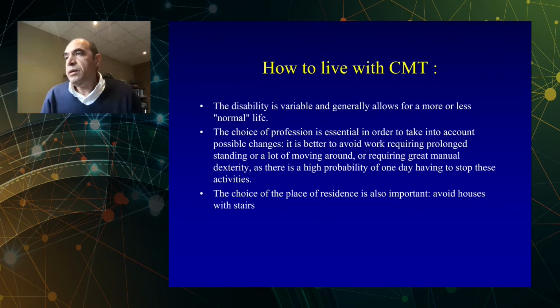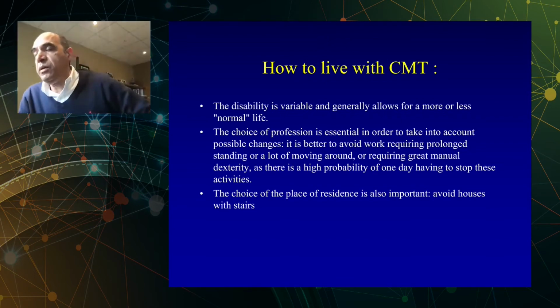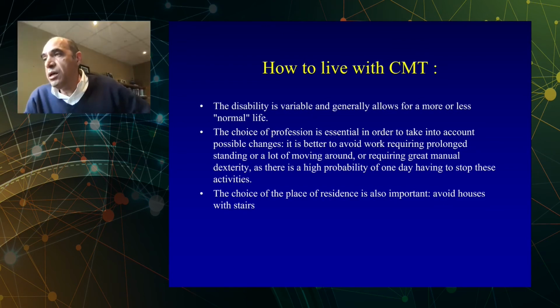How to live with CMT. So disability is variable and generally allows for a more or less normal life. So the choice of profession is very important, and we can help the patients in their choice in order to take into account possible changes.